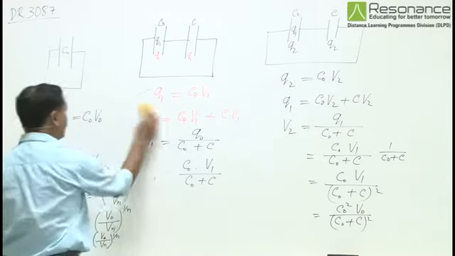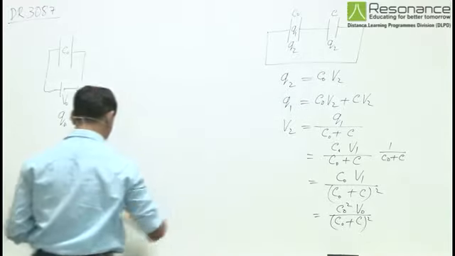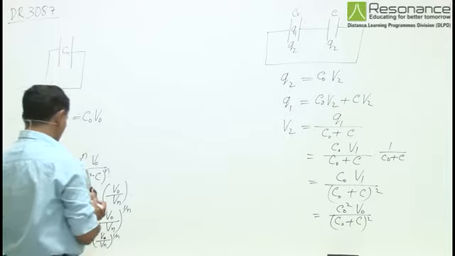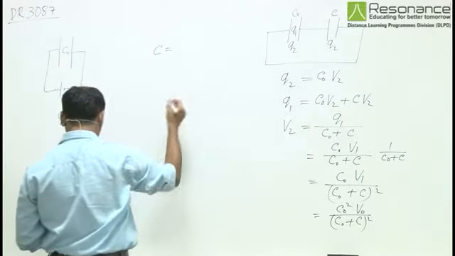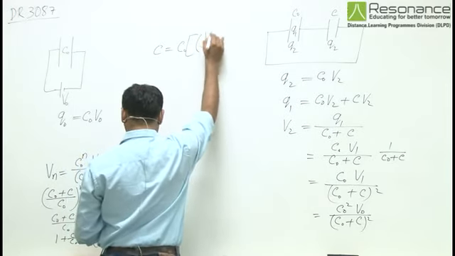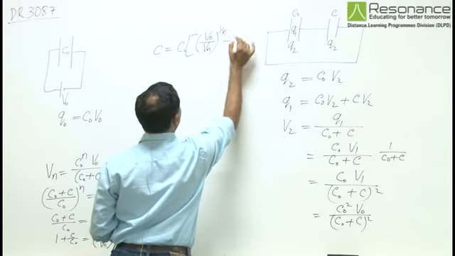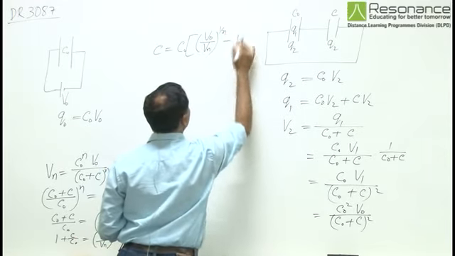And from here we can conclude the capacitance C to be equal to C naught into V naught by Vn to the power 1 by n minus 1.